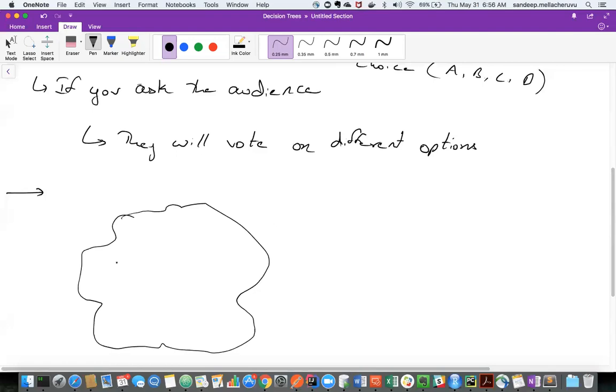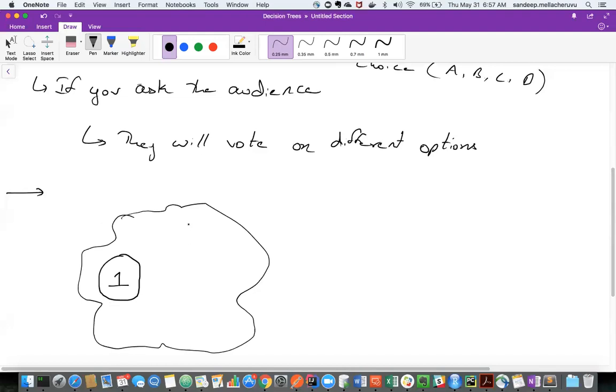So let me represent the areas in which he is not able to answer properly using this circle. This is for person one. What it means is any question within this area he will not be able to answer at all.